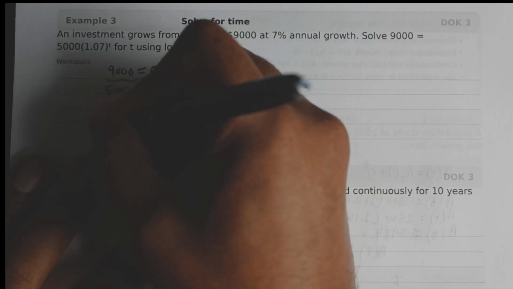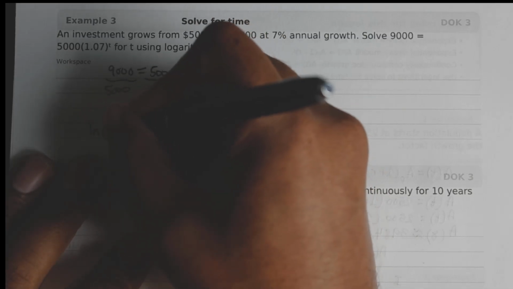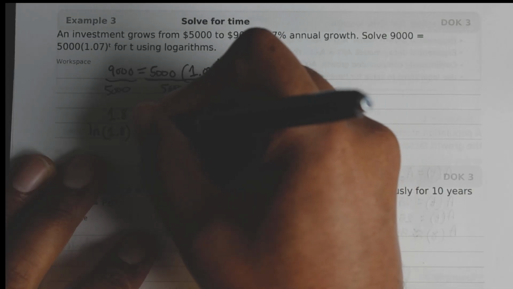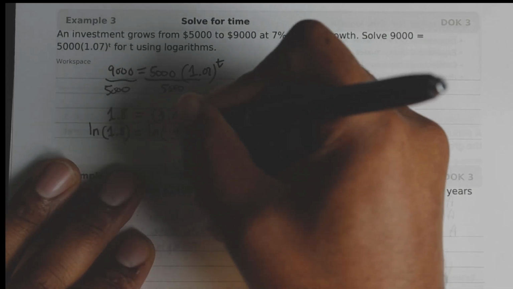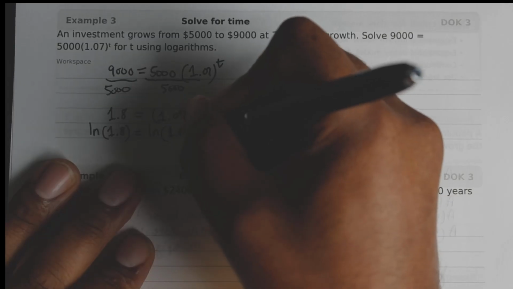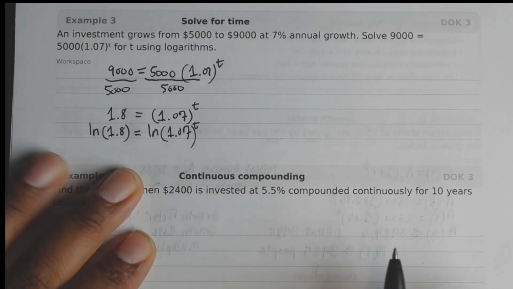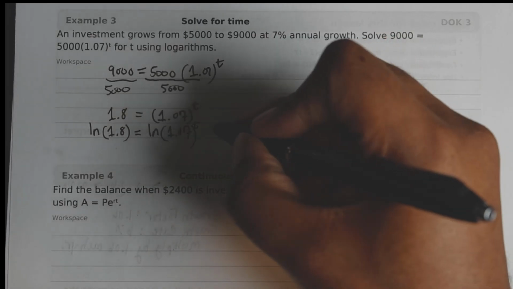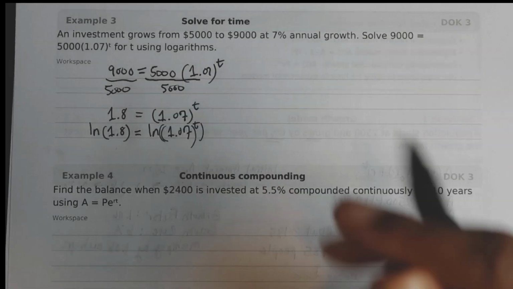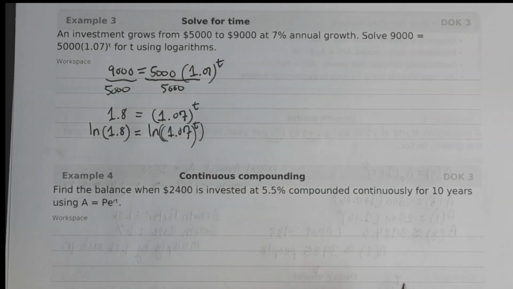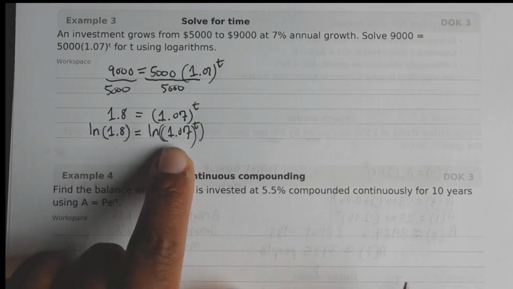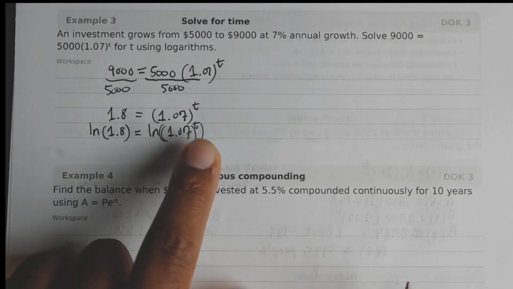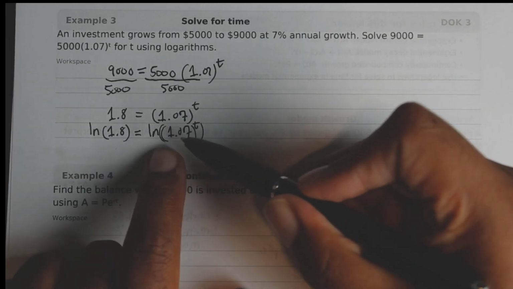So we have the natural log of 1.8 equals the natural log of 1.07 to the power of t. Now, this is very important because I'm essentially going to put those parentheses. We can use the power property, right? The power property says that I can bring down t.